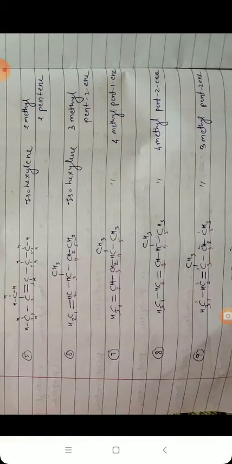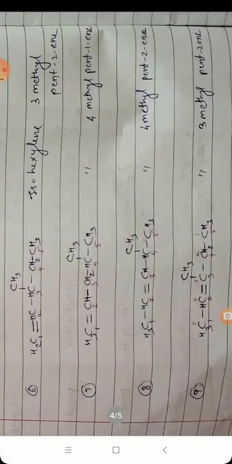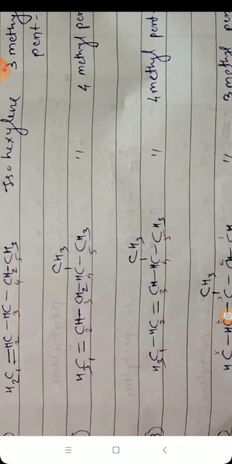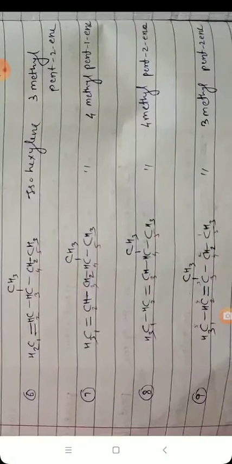Next, see the examples 7, 8, 9. As they possess a tertiary carbon, all the common names are isohexylene, but we have to differentiate them depending upon the IUPAC name. See, numbering 1, 2, seventh example, 1, 2, 3, 4, 5.